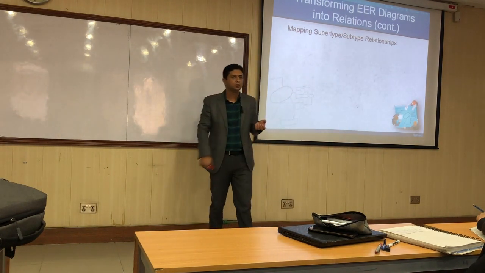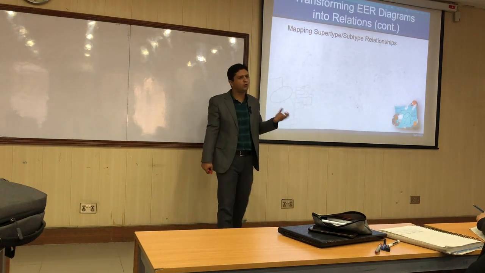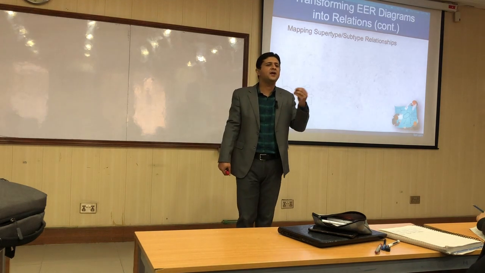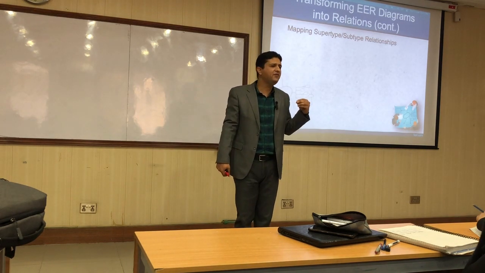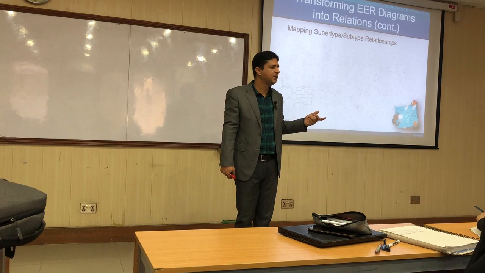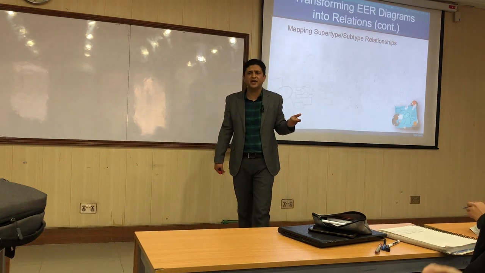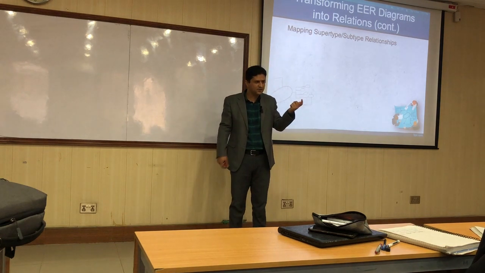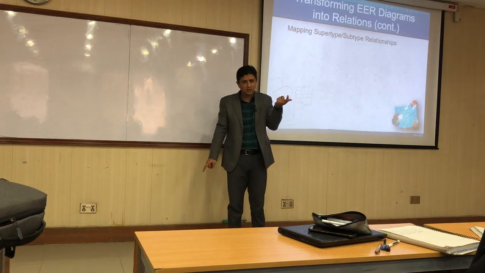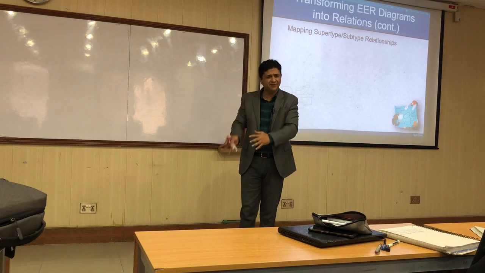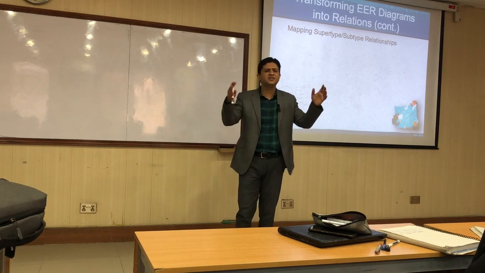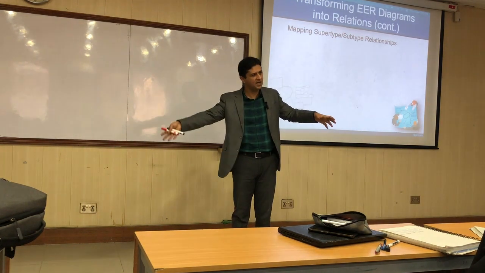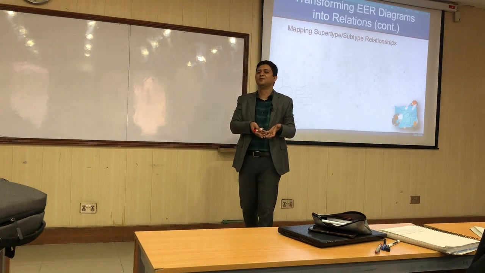So the supertype would be implemented as an entity, and all of the subtypes will be implemented as entity types. And what we do with entity types while transforming, each and every entity type is converted into a relation. So the supertype would be converted into a relation. All of the subtypes will be converted into relations having their own attributes.